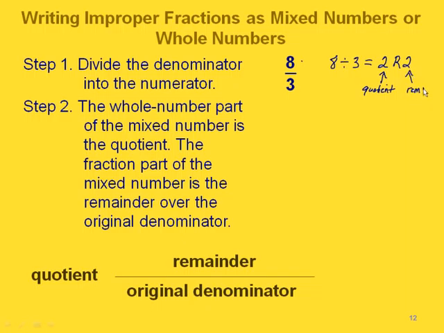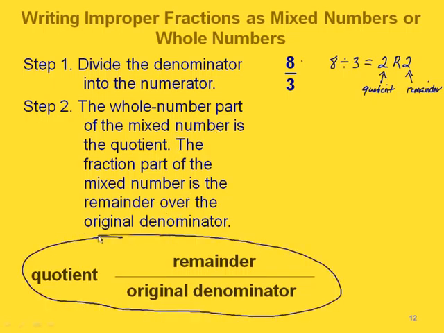So that's actually all the information we need to write our mixed number. What it's going to look like is this down here. Our quotient will become our whole number part, and then our proper fraction part is the remainder over the original denominator.